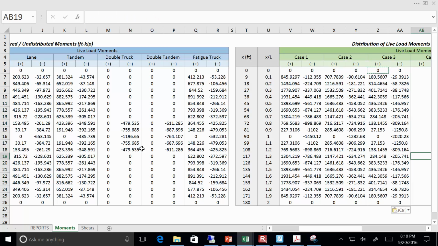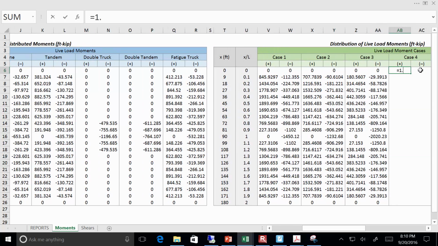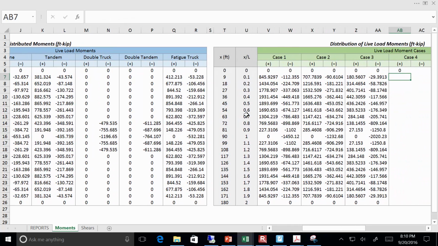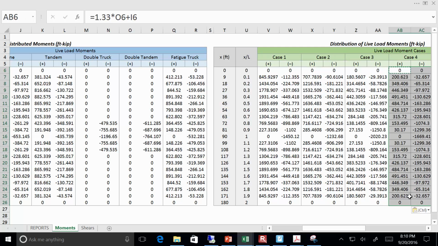Now you could say, well, I thought that was only for negative bending. Well, look at your double truck values. There's only negative bending values there. And then we've got equals 1.33 times the double tandem plus the lane. All right. Everybody good? So take that, paste the formulas. Okay.